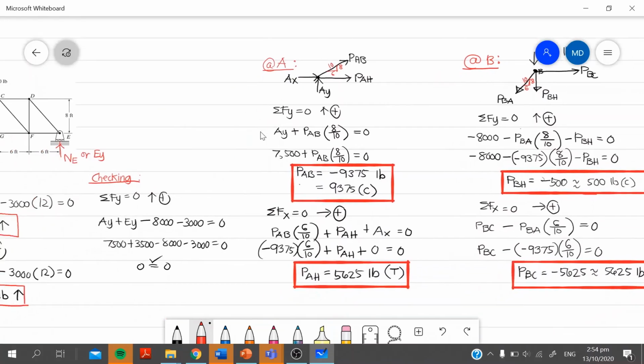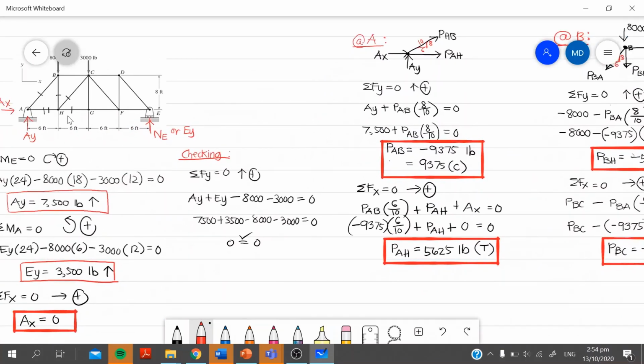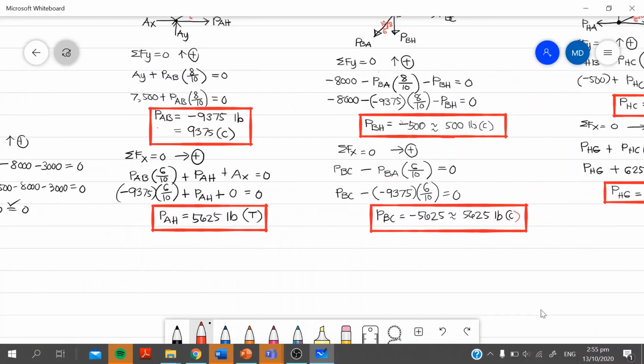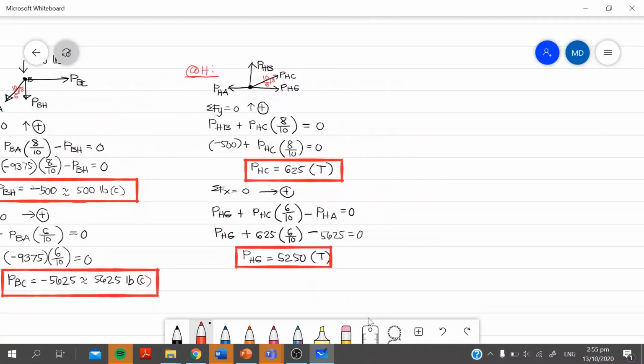Let's do joint C. Or joint G. Pwede sa joint G. Sige, joint G. At joint G, look at mga members na nikabit sa iyaha.